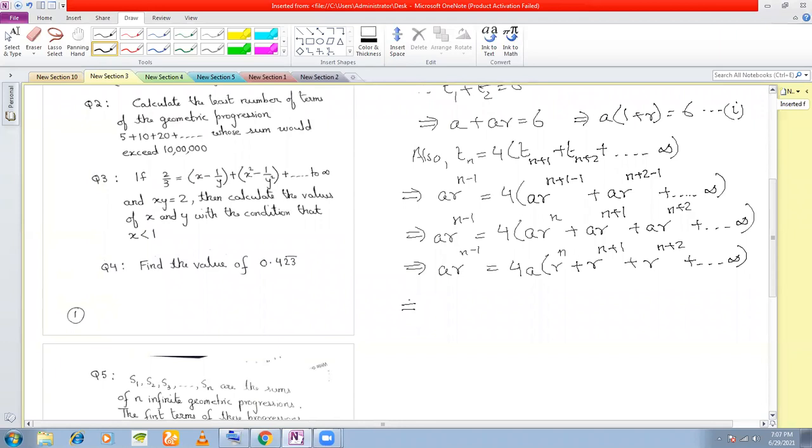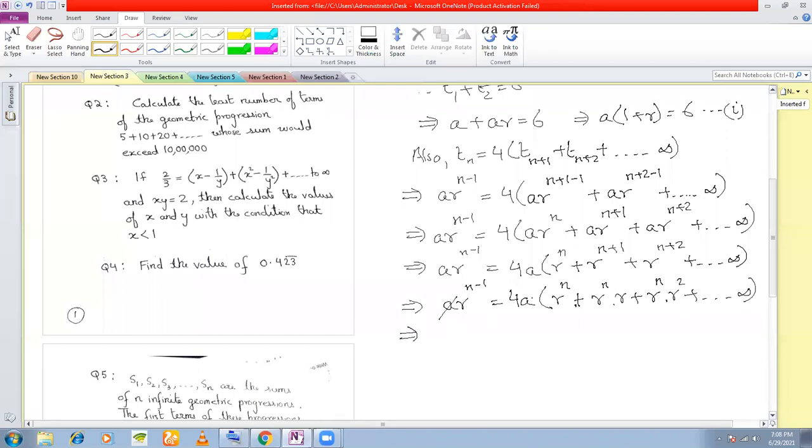So here we have a r to the power of n minus 1 is equal to 4a. You can write this as r to the power of n plus r to the power of n into r plus r to the power of n into r square plus up till infinity, right?